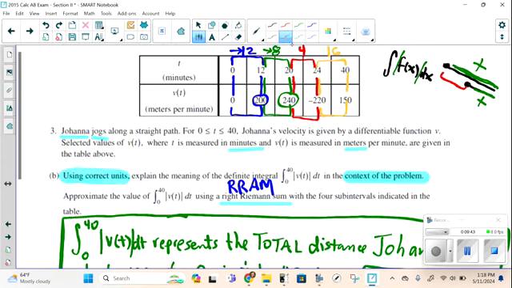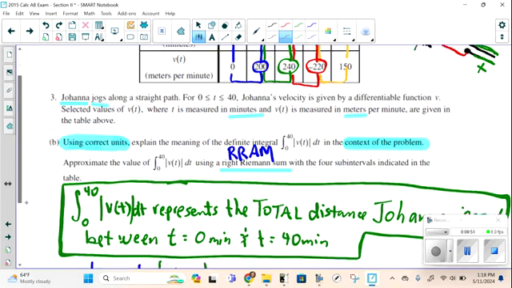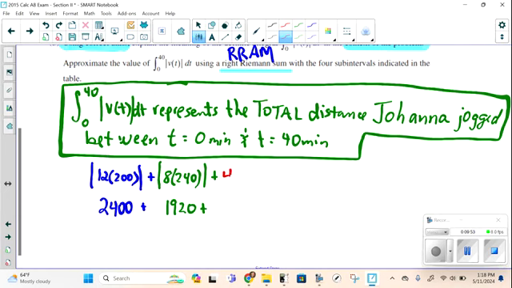The red rectangle, the right side is negative. Remember, we want everything to be positive. Times the width, which is 4. So I'm going to say 4 times my negative 220 but I want this positive. So it's going to end up being a positive 880.